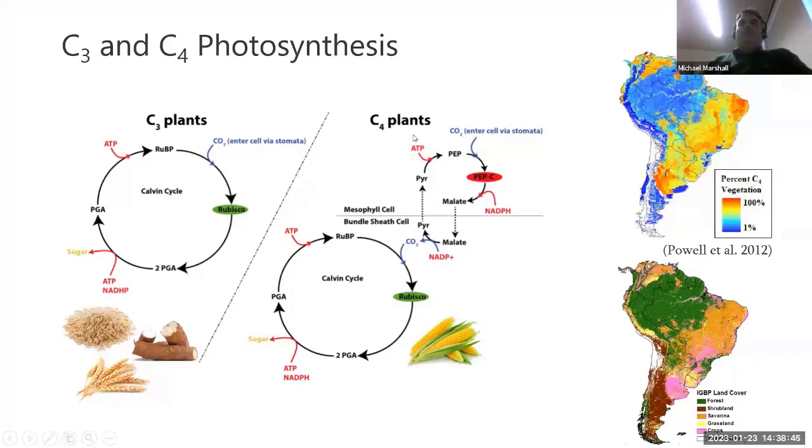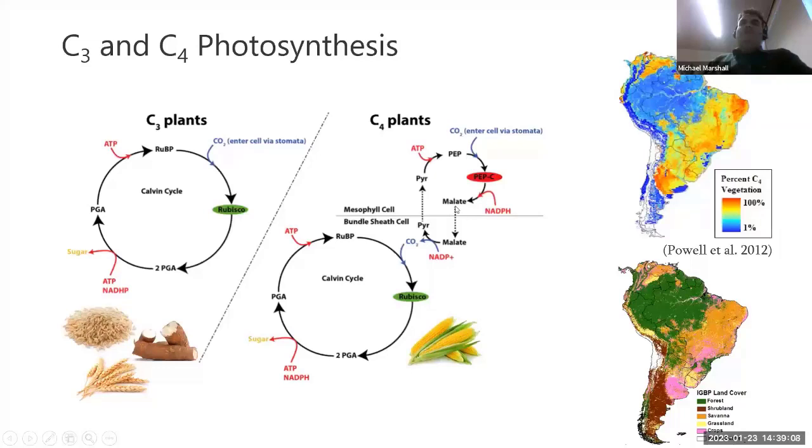The difference is C4 plants have an additional step. This is the mesophyll, the sort of middle leaf layer. They have an additional enzyme called PEP. And what this PEP does is it concentrates the CO2 in the mesophyll, this layer in the leaf.